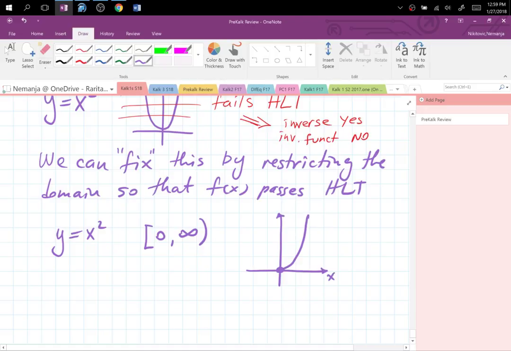You see the entire negative part, this line here, is gone. I only have 0 to infinity. This is 0, this is infinity, right? So I only have this part of the function to the right of the y-axis. Now that passes horizontal line test, as you can see, everywhere, which is the reason why I picked to cut the domain that way. And we call this restricted domain.